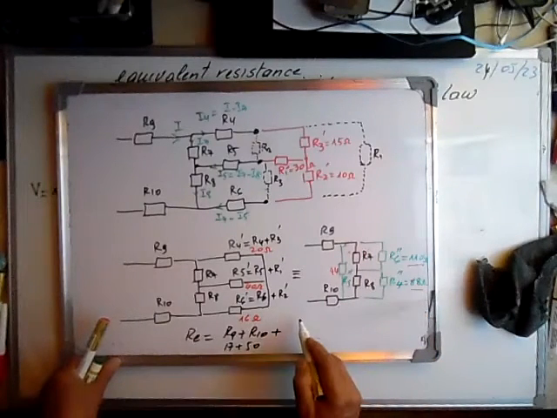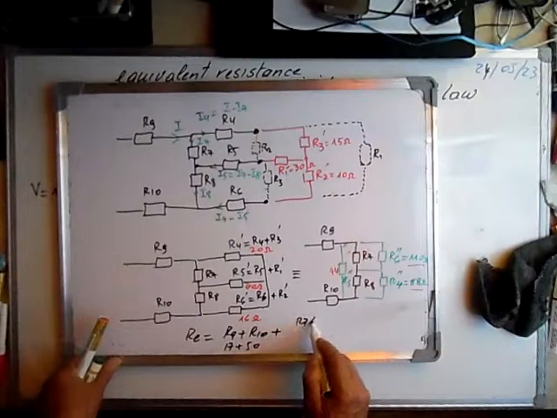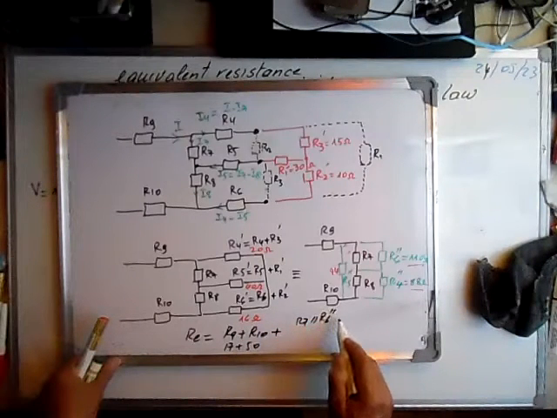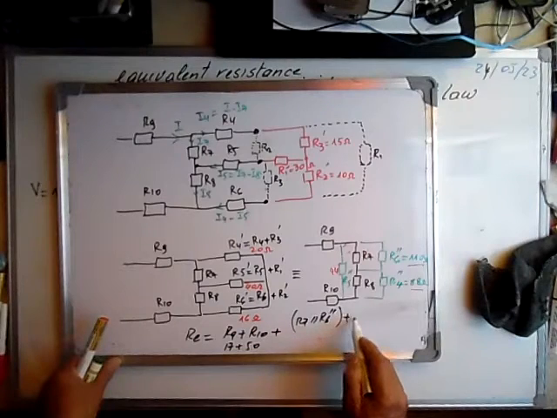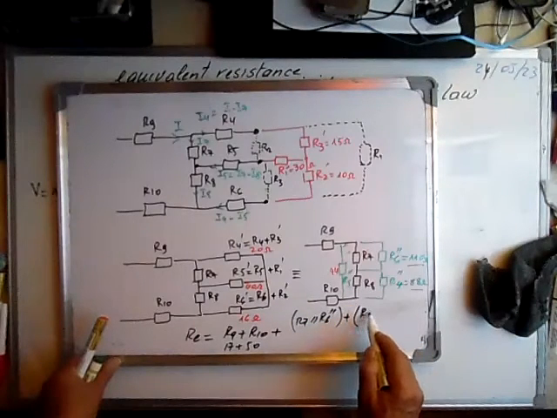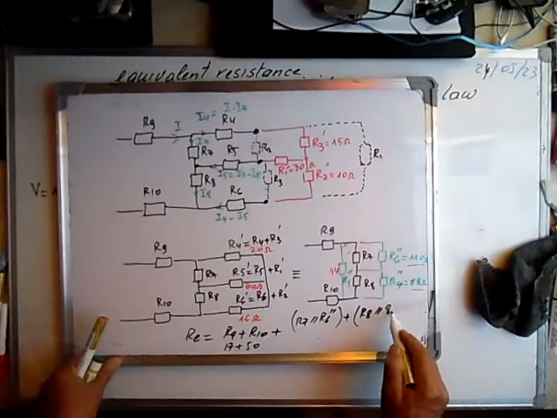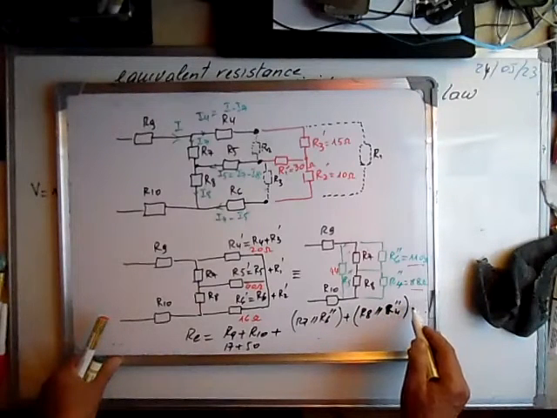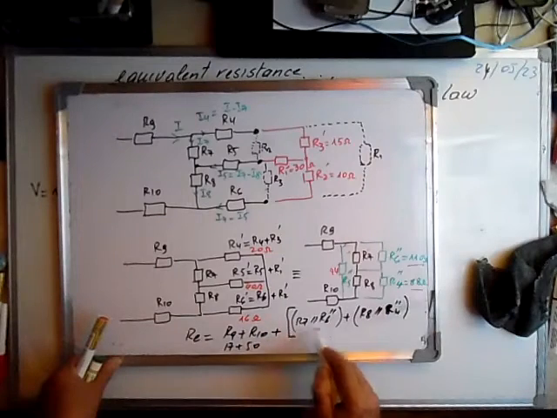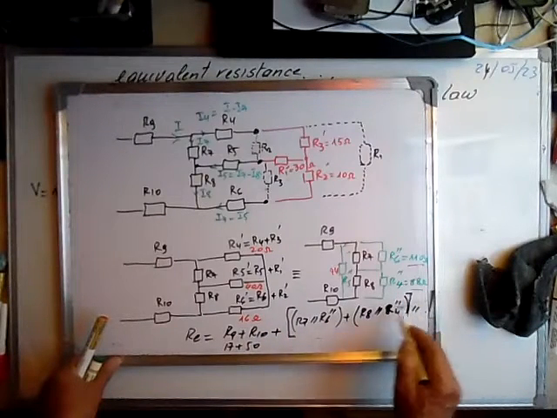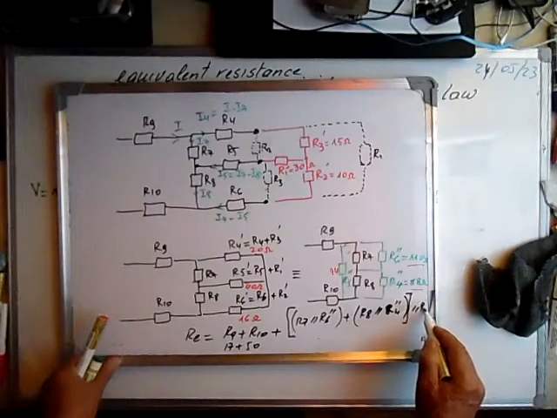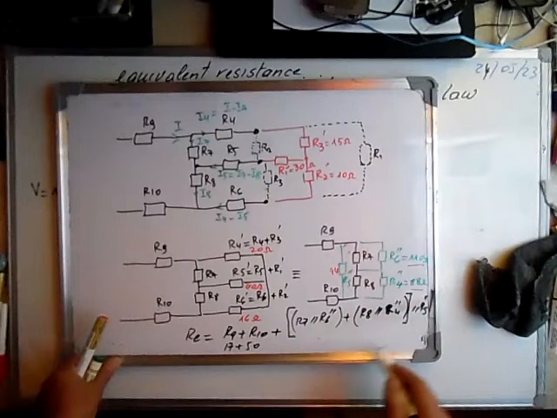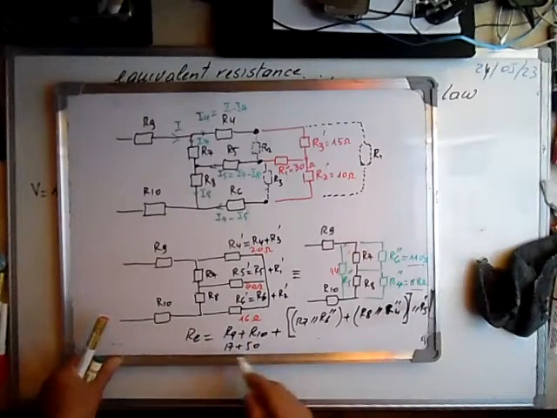I'll do it closer. R7 is in parallel with R6 prime, and they are in series with these two, R8 in parallel with R4 prime, and then these two are in parallel with R5 prime, and these are in series with this.